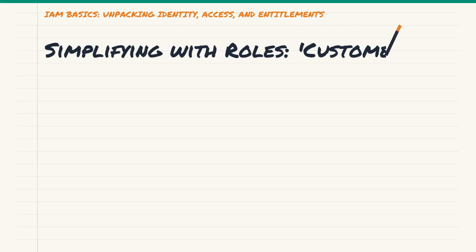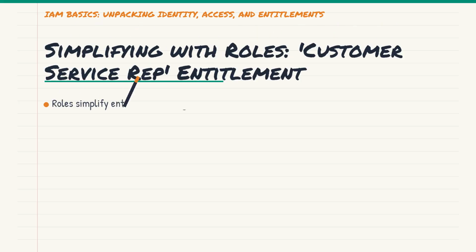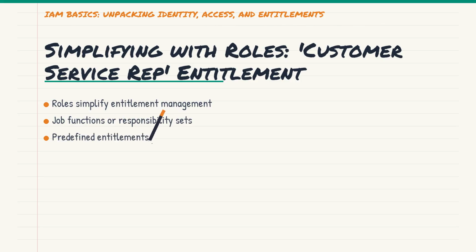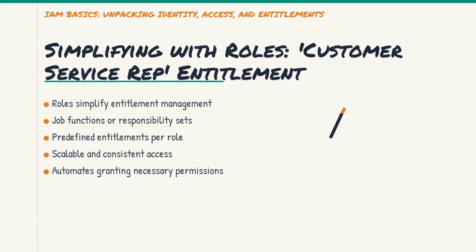Managing individual entitlements for every single person or machine would be a nightmare, right? That's why we use roles. A role is a job function or a set of responsibilities, like customer service representative or IT administrator. We assign a predefined set of entitlements to that role.